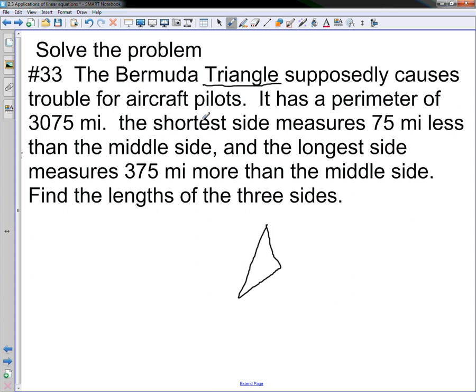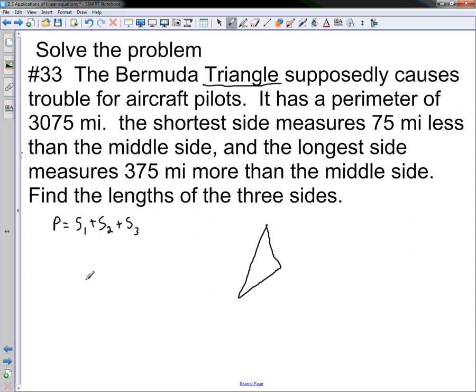The shortest side measures 75 miles less than the middle side, and the longest side measures 375 more than the middle. So the perimeter for a triangle is first side plus the second side plus the third side. Okay, so we're adding all three sides together.